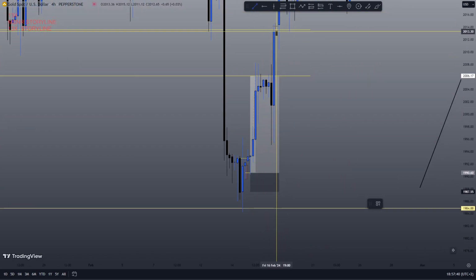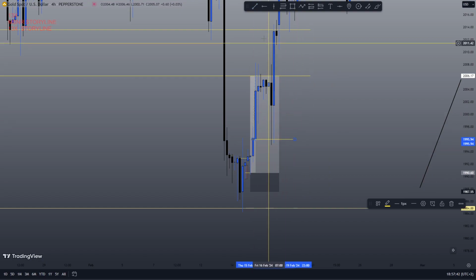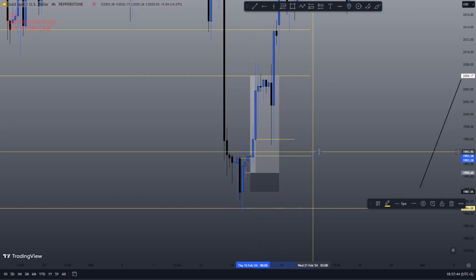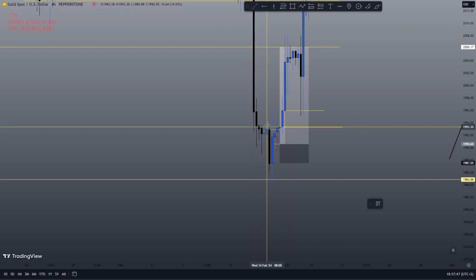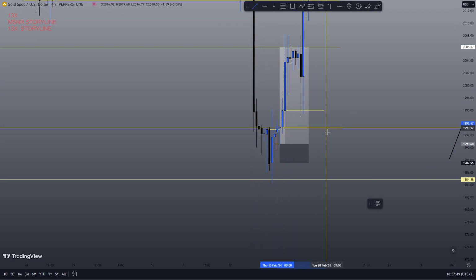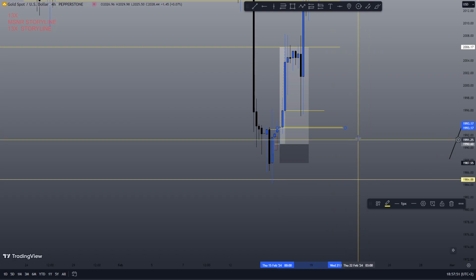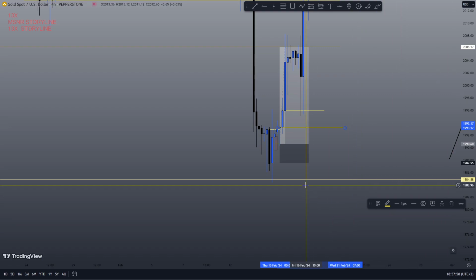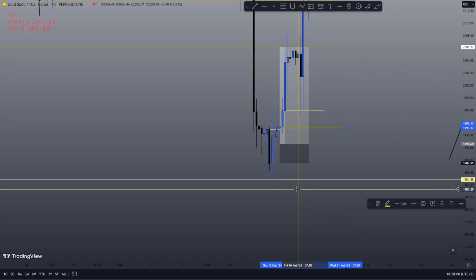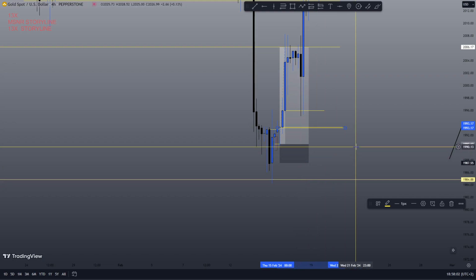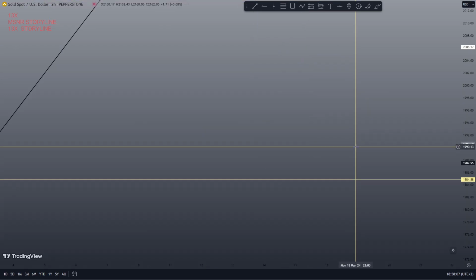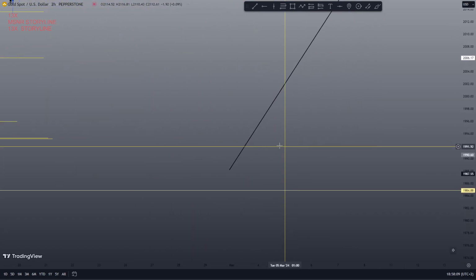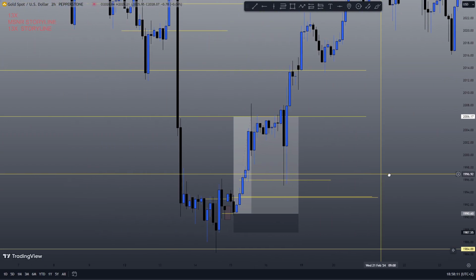Let's see these 4 hour levels, all 4 hour levels, and price may react from one of them. Let's see for this first gap on H4. What do we have on H2? Good.